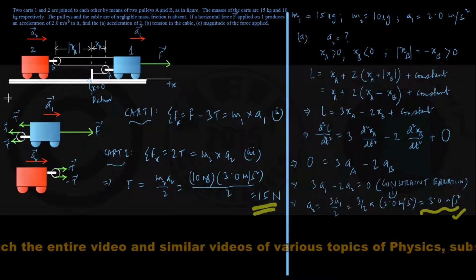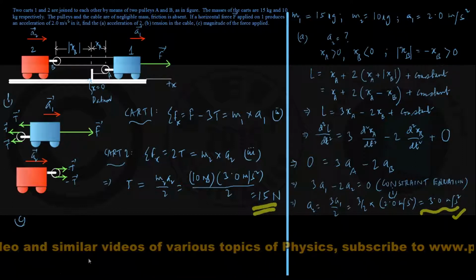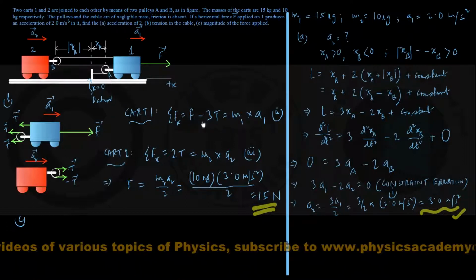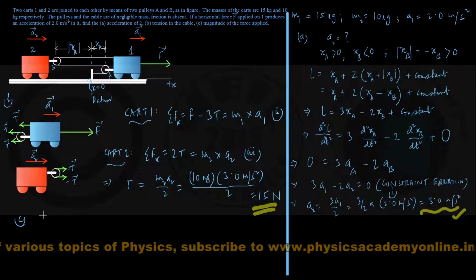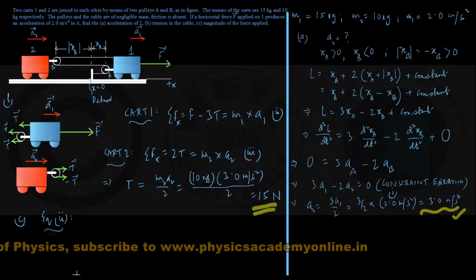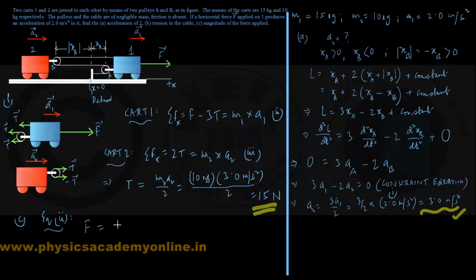We have completed part B here, and going for part C, magnitude of the force applied, to find this F here, that is easy. Going back to equation number 2 and rearranging the terms, you can see the applied force F is coming out to be m1 a1 plus 3T, isn't it?